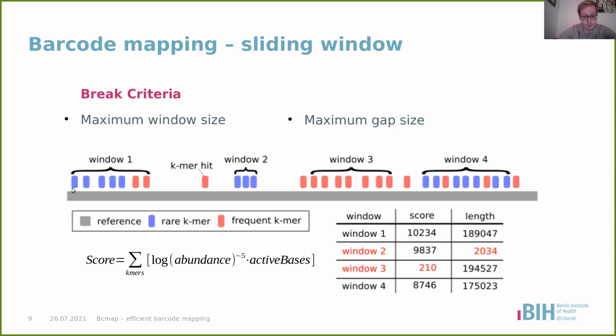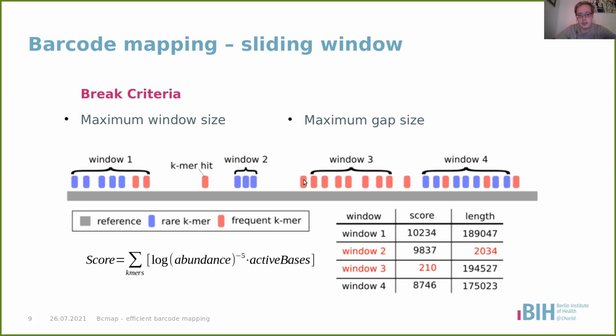Here we see the k-mer hits, and they are classified into windows. Down here we see the score that is used to calculate the quality of the windows. We have two break criteria: first of all, a maximum window size and a maximum gap size. In this example, we see this lone k-mer hit here, which violates the maximum gap size criterion, and hence it does not belong to either window 1 or window 2.